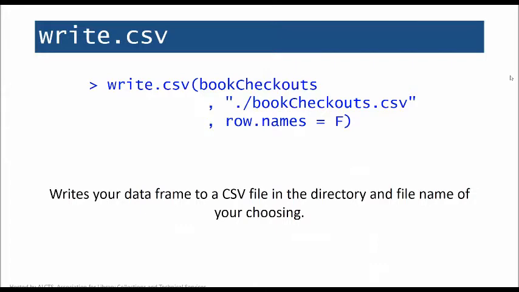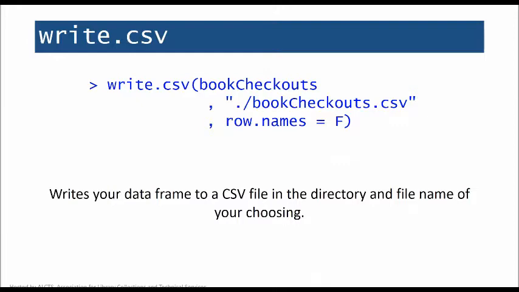So finally, the last thing that you might want to do is output that data frame that you've created to an actual file. So for this, you can use the write.csv or write.table functions. And these work by specifying first the data frame that you want to write to a CSV. Then the second argument there is the path.